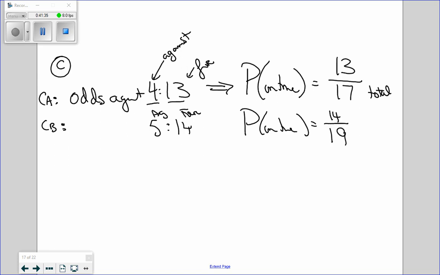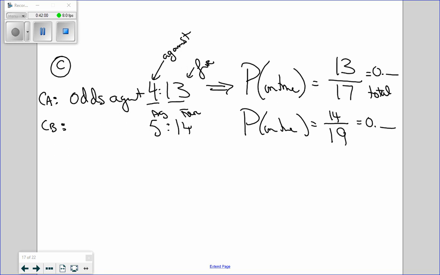Now those fractions aren't going to mean a hill of beans to you, so what you want to do is convert them to decimals. It says which one is more likely, so you pick the bigger decimal. So what are your two decimals?